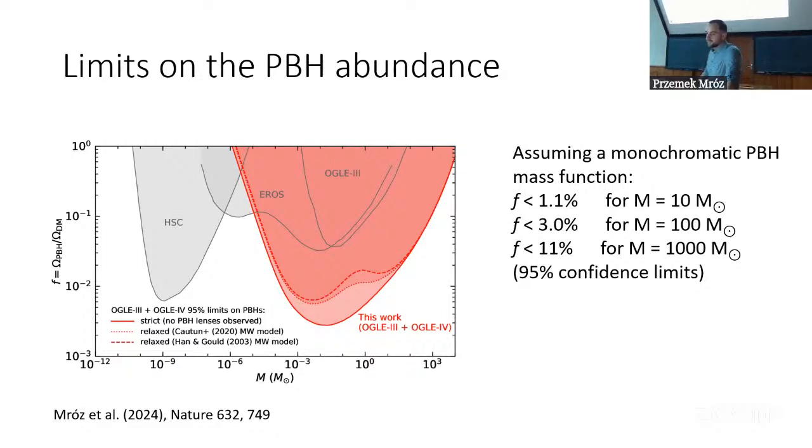Less than 1% of dark matter is made of 10 solar mass objects, less than 3% is made of 100 solar mass objects, and less than 11% is made of 1,000 solar mass objects. So clearly these limits are much stronger than what we had previously, and they also extend to much higher masses.